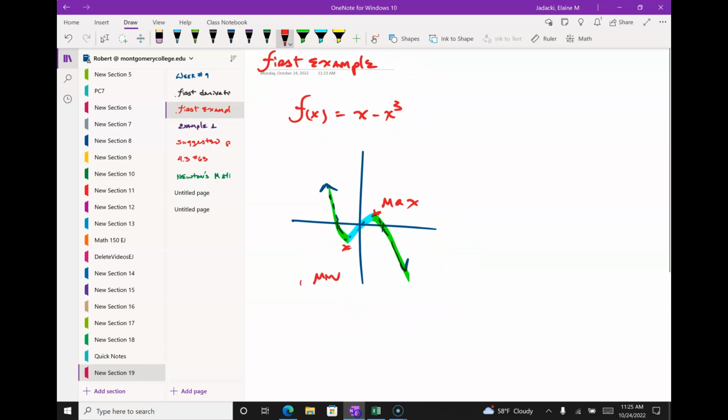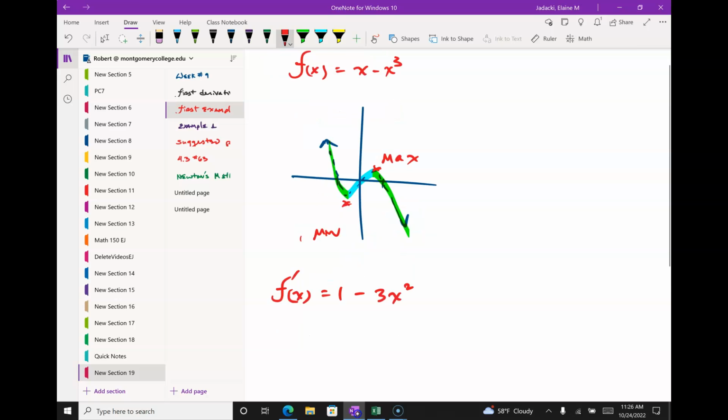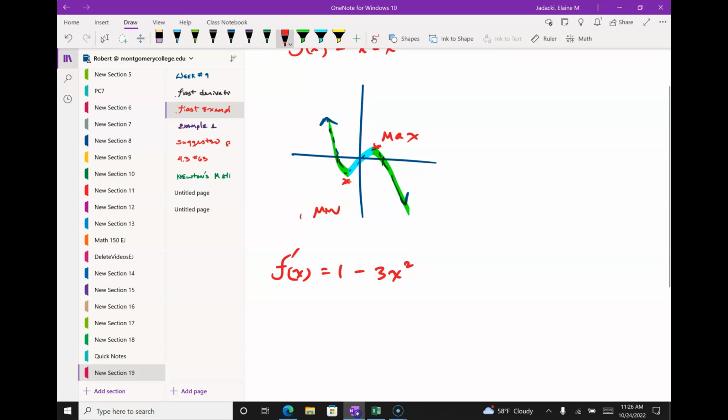All right, first step. Derivative, yes? What is it? 1 minus... Nice. And so we could factor that more, but I can just solve this for my criticals.